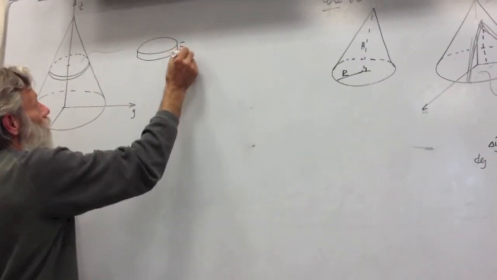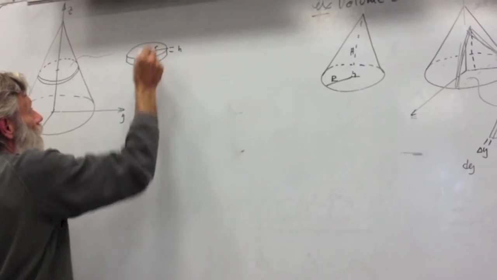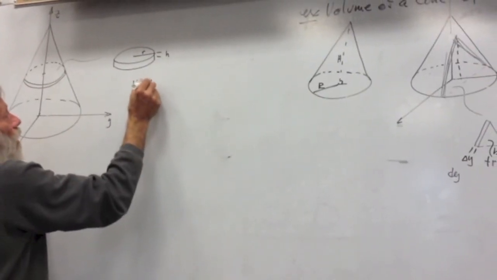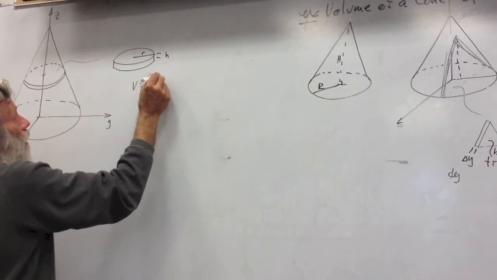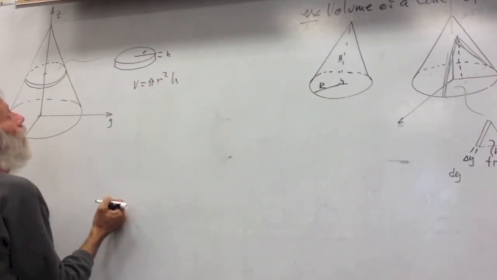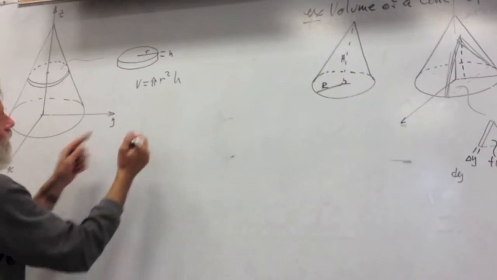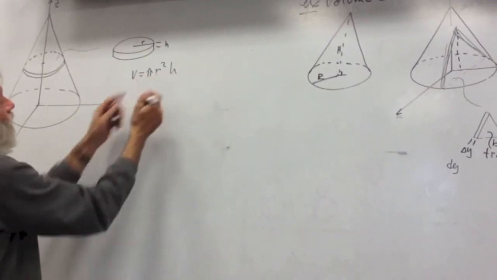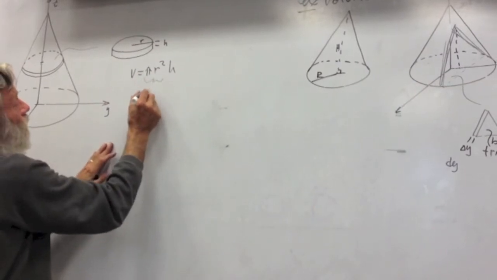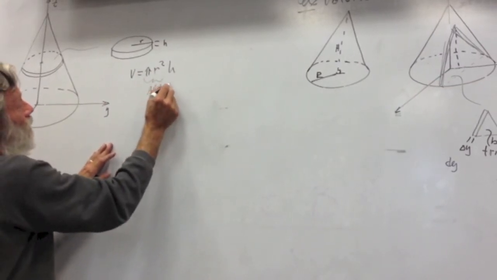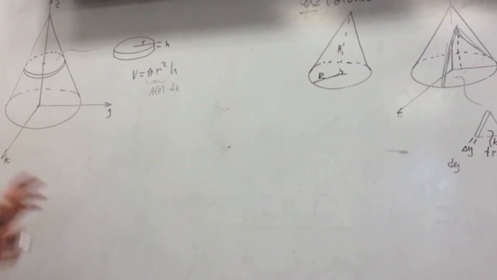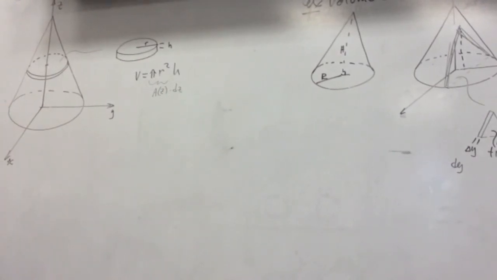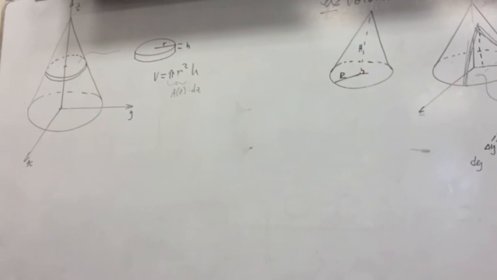In general, if this had a height h and a radius r, the volume is pi r squared h. You'll notice that's like an A of x dx kind of thing, or really A of z. This is like that A of z, and this is like a dz. Remember the initial discussion I had? An area times a perpendicular will give you a volume.